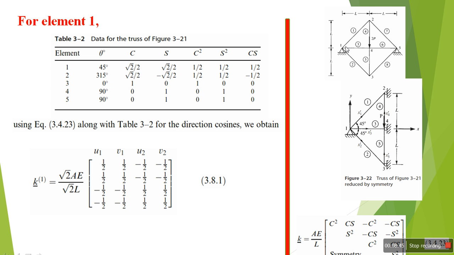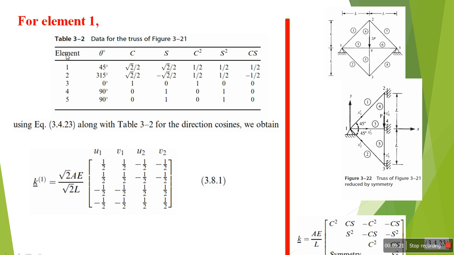Now, for element 1 in the reduced structure, if we use equation 23, I can calculate the stiffness matrix of the bar element number 1.